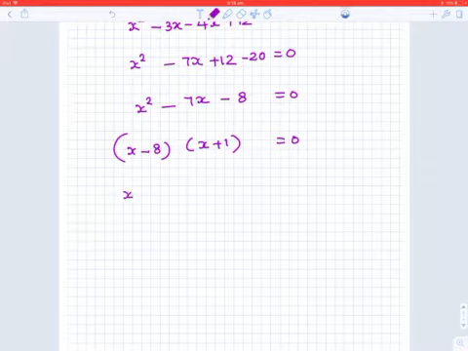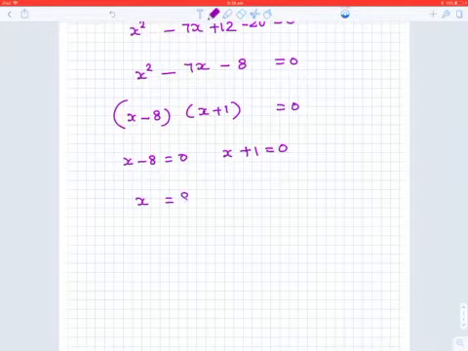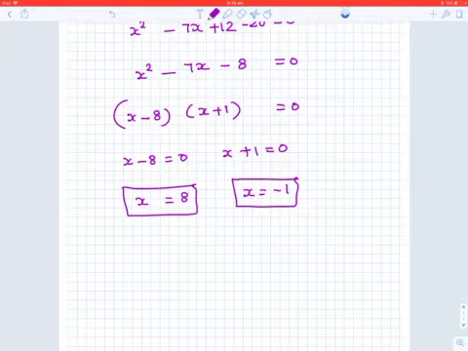This is easy factorization. So this can be factorized as x minus 8 times x plus 1 equal to 0. That gives you x minus 8 is 0 or x plus 1 is 0. This gives the answer x equal to 8 or x equal to negative 1.